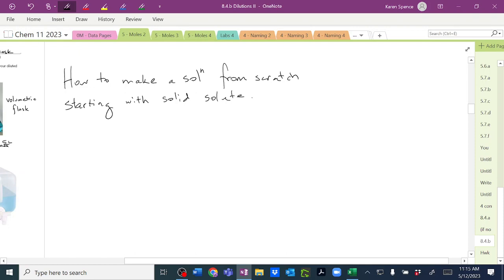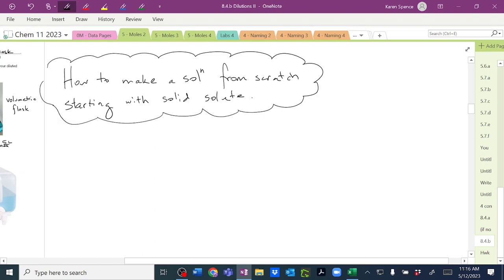I'll be like, give me a little labeled diagram showing me what you would do. And you know I can't draw, so it doesn't have to be pretty.